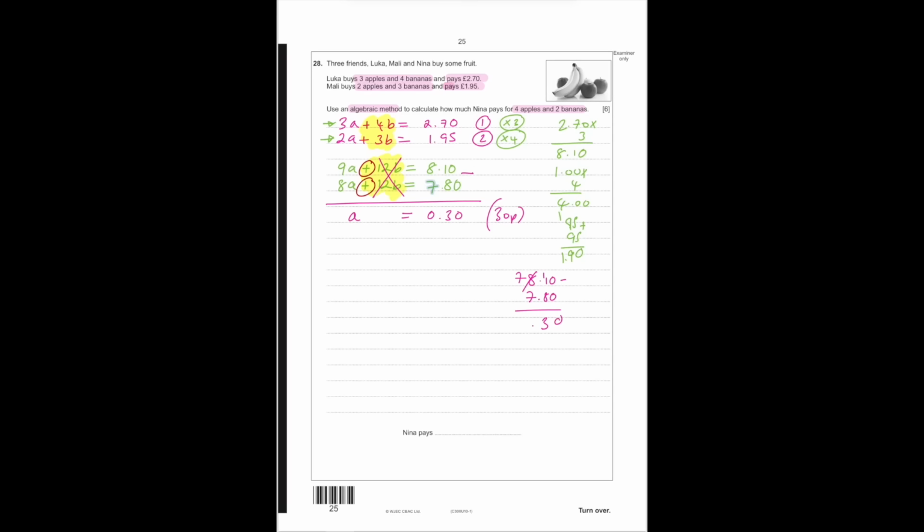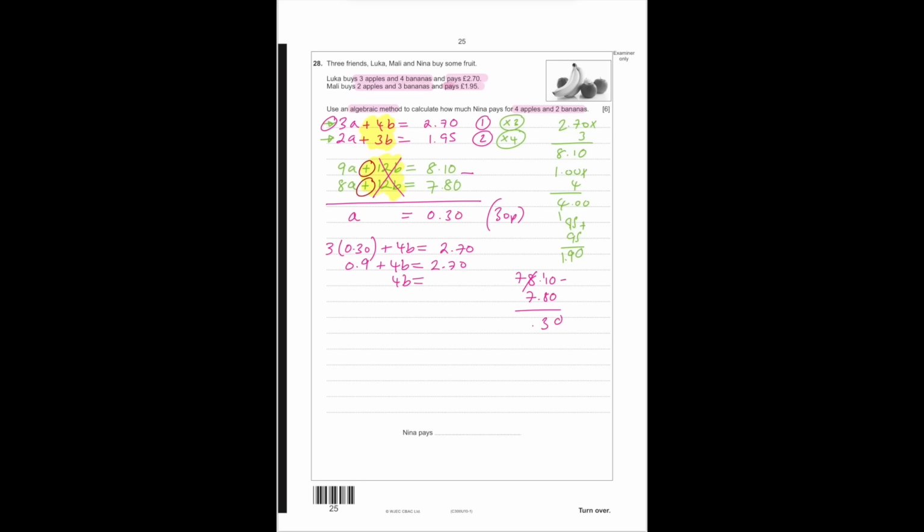Now I know what an apple is, I can substitute it back into one of my equations to find out how much bananas cost. So let's just use equation 1. So 3 times my apple plus 4 bananas is equal to £2.70. So that's 3 times 0.3 is 0.9.